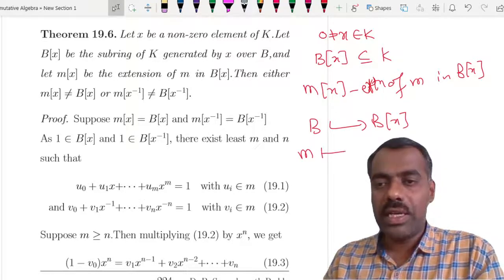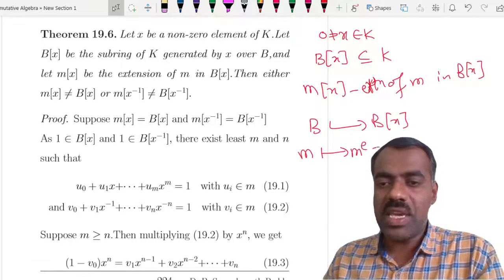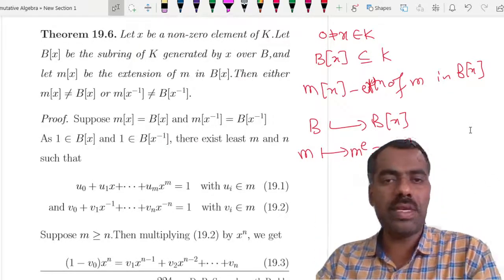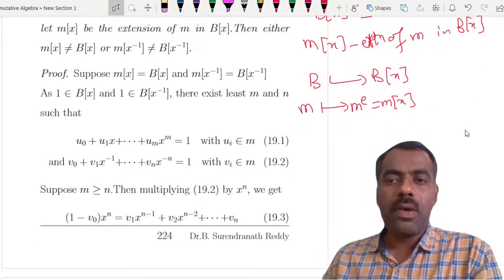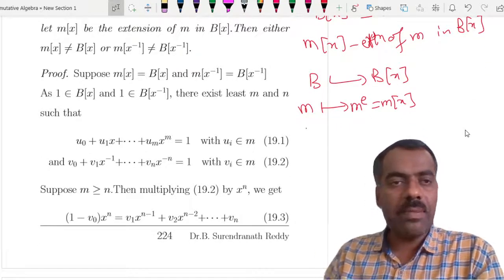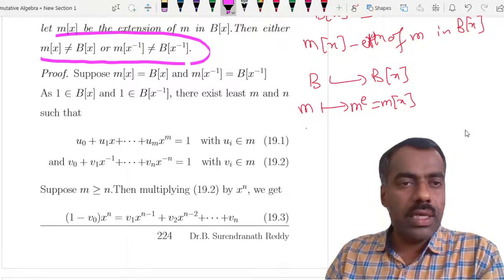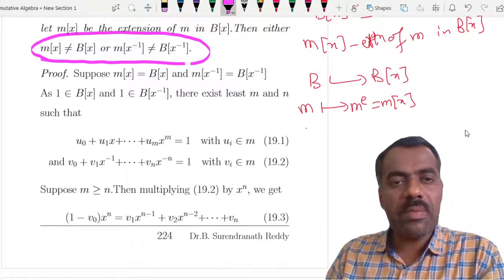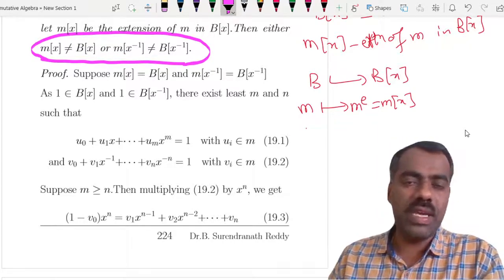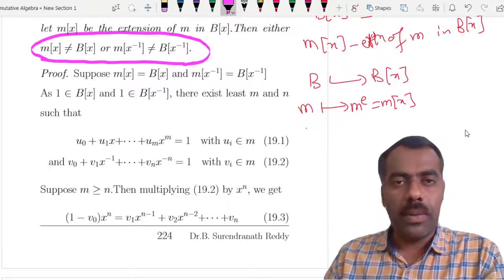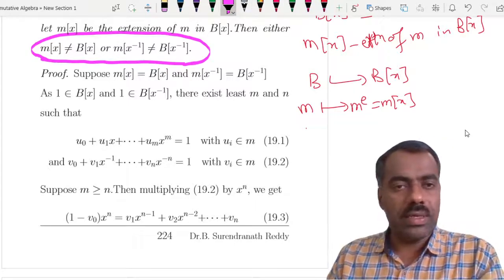Then we are extending M, calling it M of X. Then either M of X is not equal to B of X, or M of X inverse is not equal to B of X inverse. One of them should be not equal. Both cannot be equal.